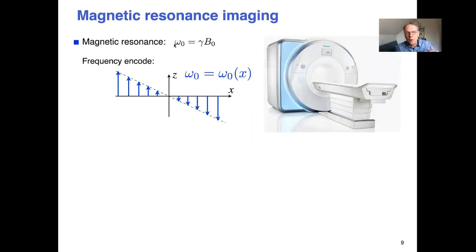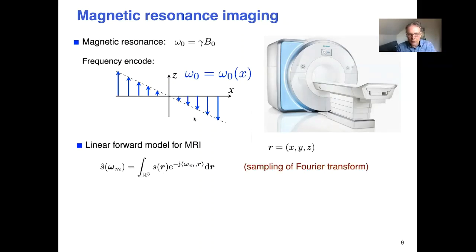You are imposing a magnetic field that will condition the frequency of resonance of those spins. And now if you put a gradient along one direction and you put an excitation, things in the specimen will oscillate at frequencies that depend on the location.